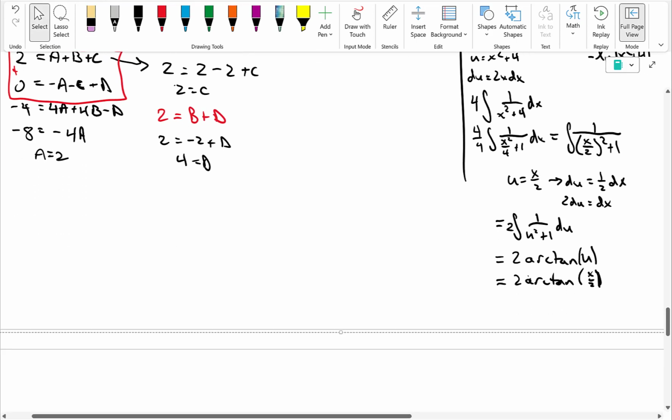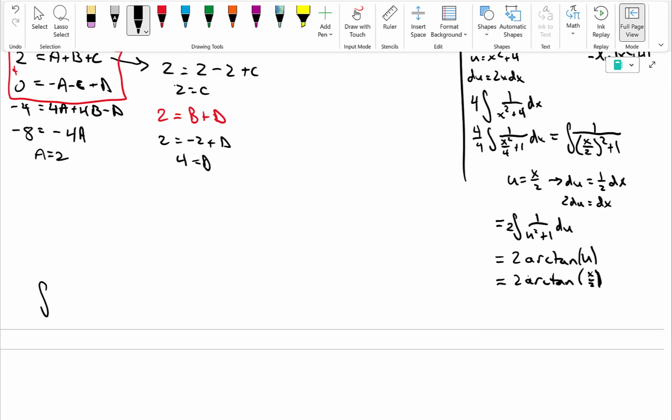And so, okay, our whole integral down here, let's see if we can rewrite some stuff, if I've got it somewhere nice, instead of all that along the side. Our integral of 2x cubed minus 4x minus 8 over x squared minus x times quantity x squared plus 4 dx is going to be equal to all those things together.